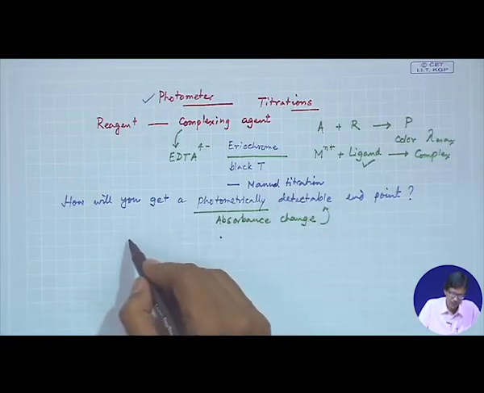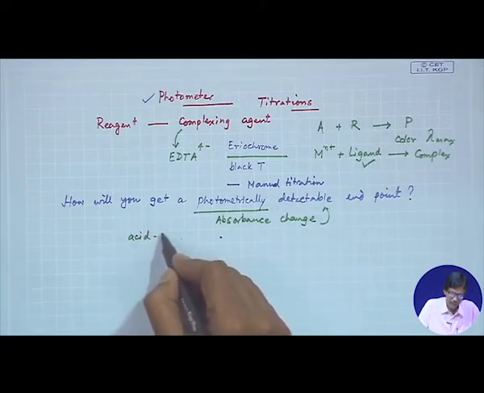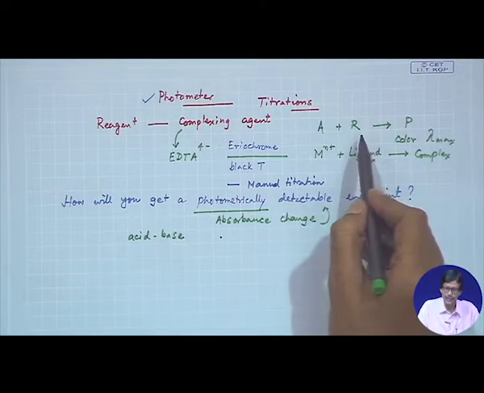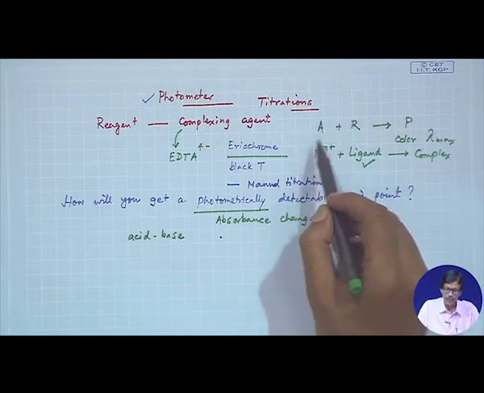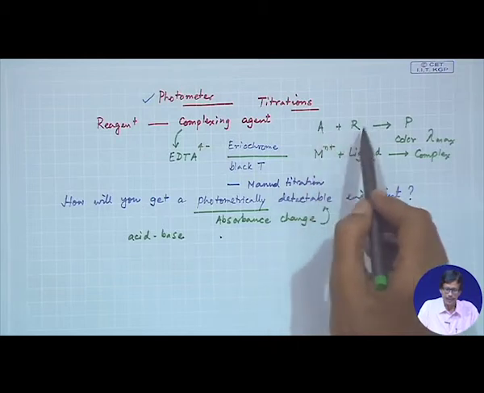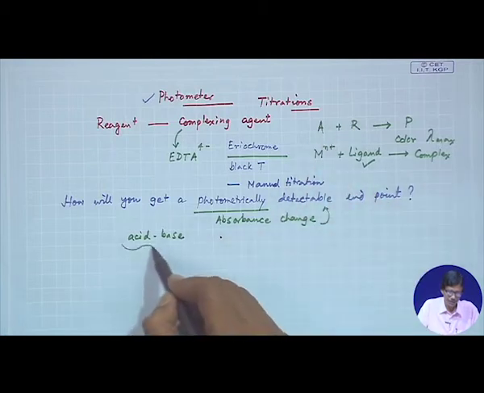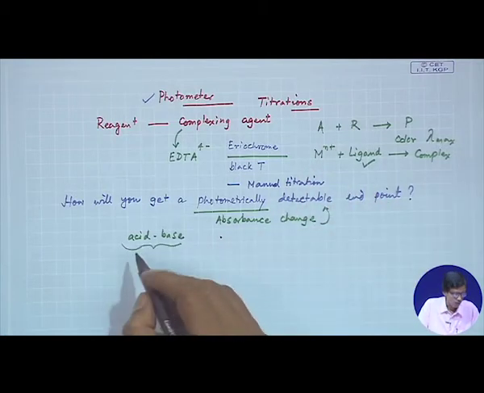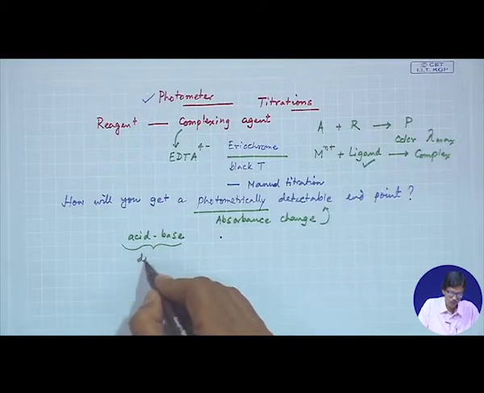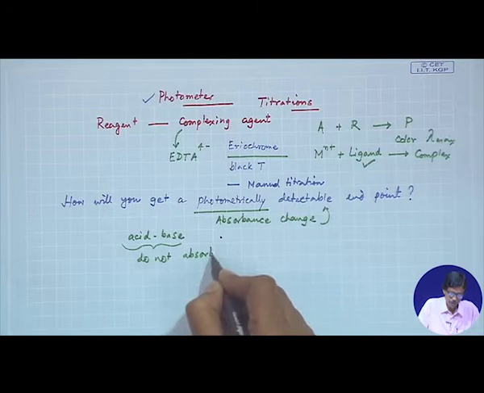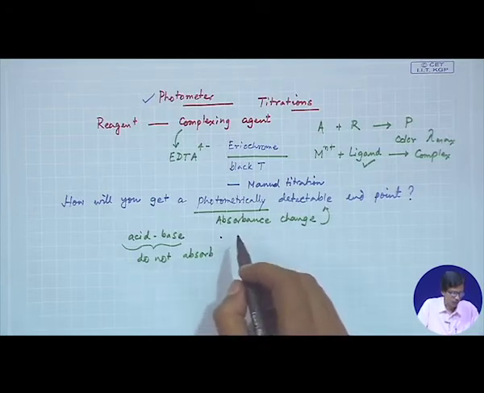So, in a simple acid base titration, where the reaction of analyte and reagent consumes the analyte, which is suppose your base, by the acid, we use some indicator. For a simple acid base reaction, they do not absorb in the corresponding wavelength range.